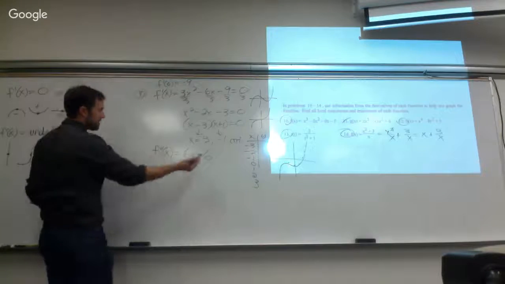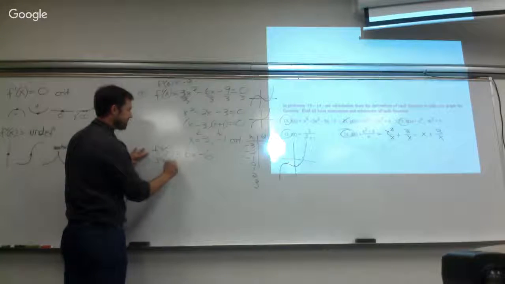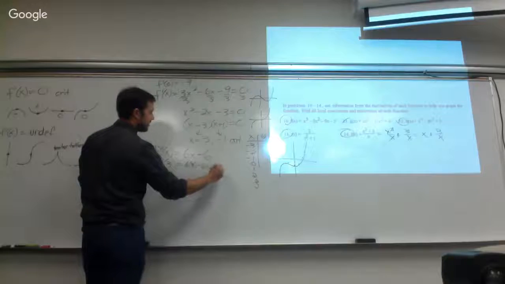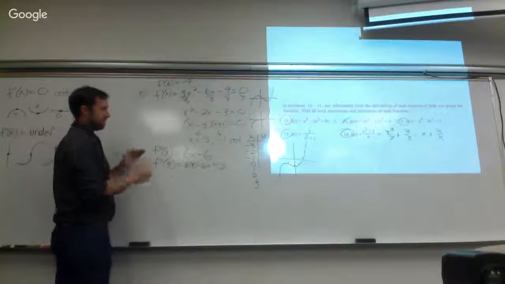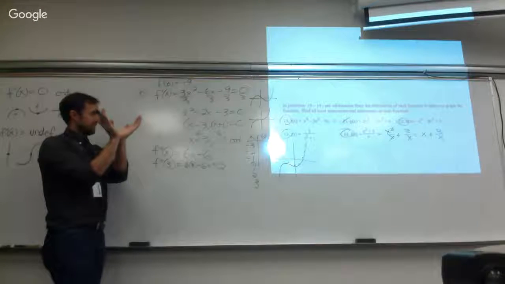Okay, so we have our second derivative, and what are we going to plug in? 3 and negative 1? So if you plug in 3, 6 times 3 minus 6, 18 minus 6 is 12. That's positive. Therefore, 3 is a min. Yeah, 3 is a min.